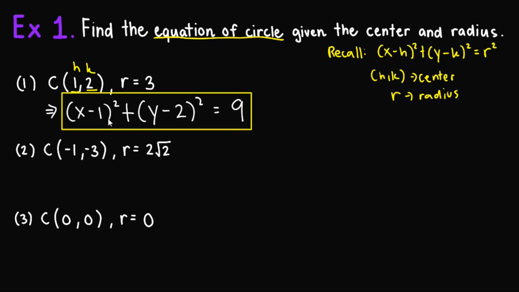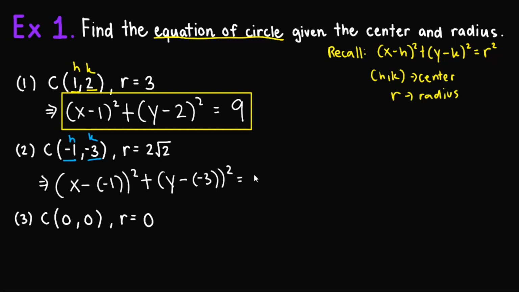Next, let's try this second example. Again, we are given the center and the radius. So we have this to be h, and this to be k, and this is already r. So we'll have here (x minus negative 1) squared plus (y minus negative 3) squared equals (2 square root of 2) squared. Take note that in here, this simplifies to x plus 1, and this simplifies to y plus 3.